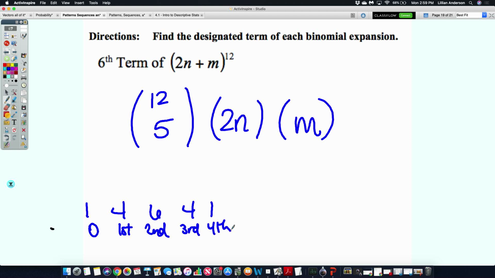That 0 value is probably just going to mess up a lot. So if you're looking for your sixth term, visually it's one more, but numerically it's going to be one less.